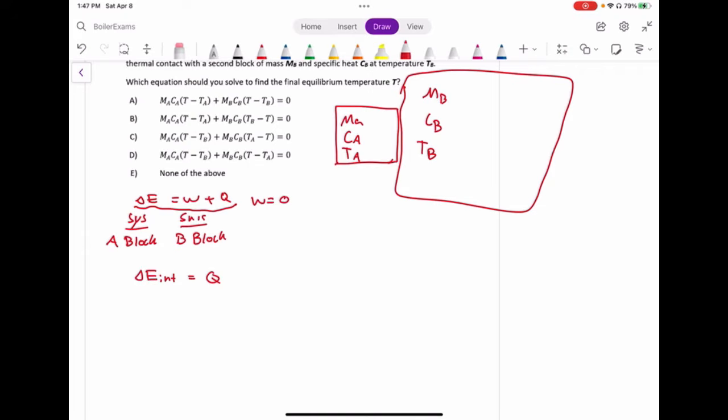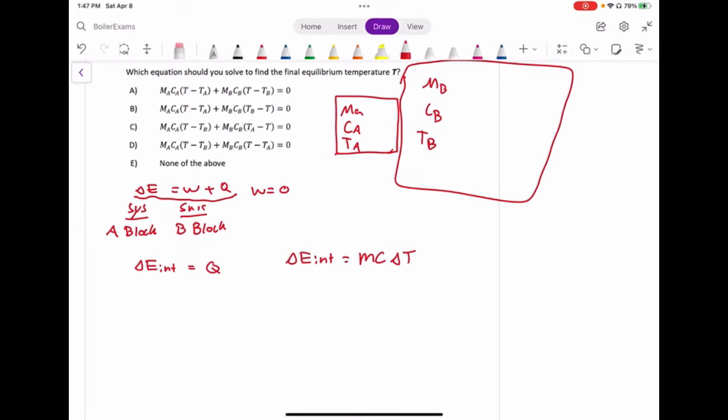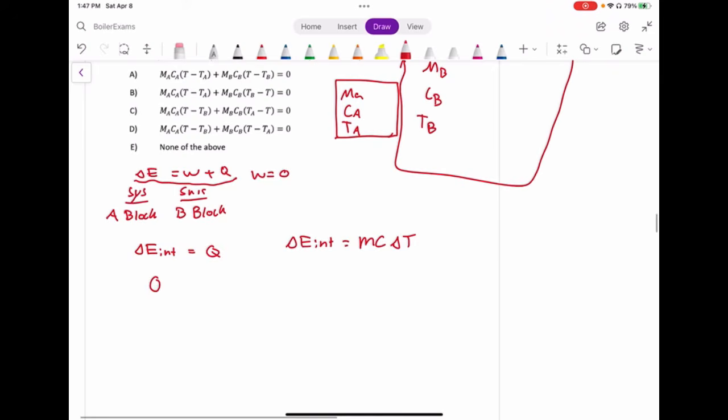Whatever change in internal energy we have of the first block has to be heat lost. And we know that delta E internal is equal to MC delta T. So this simplifies to heat lost by block A is equal and opposite to heat lost by block B. That's really what these problems always come down to.